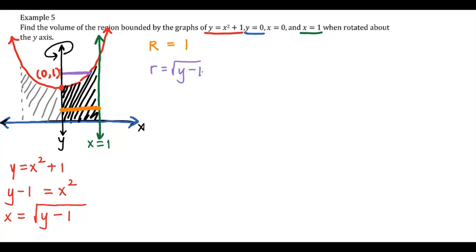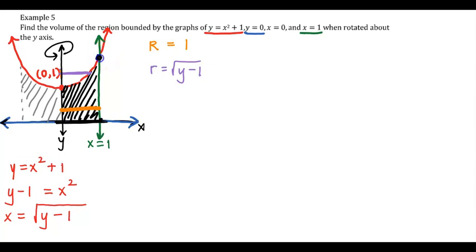Before I go set up my integral, let's find our limits of integration. Everything is in terms of y, so we need to make sure our limits of integration are also in terms of y. The bottom limit is simply 0. This region starts down here where y equals 0, and the region goes as high as this point.